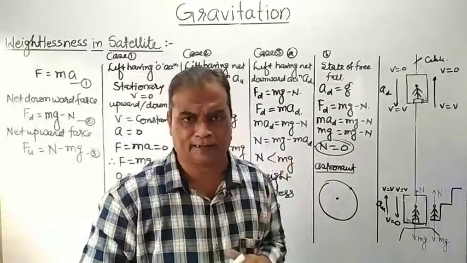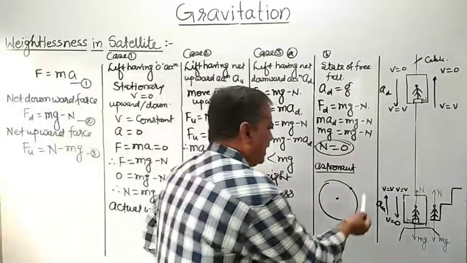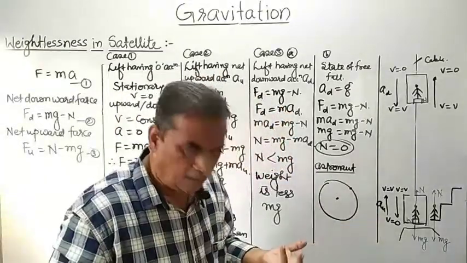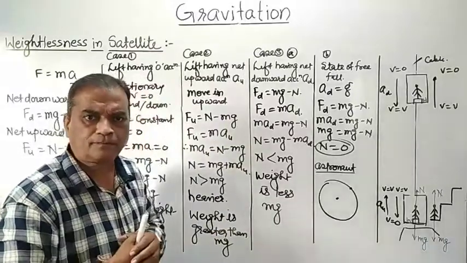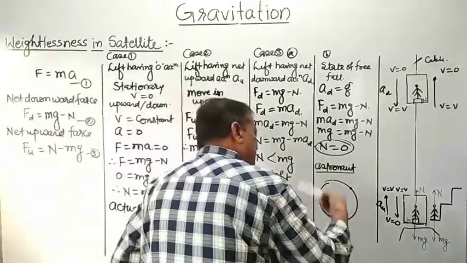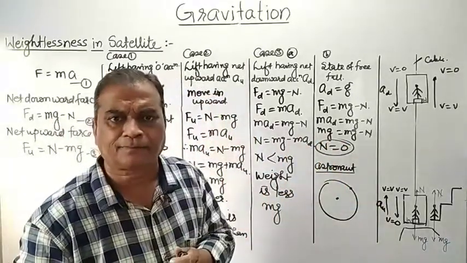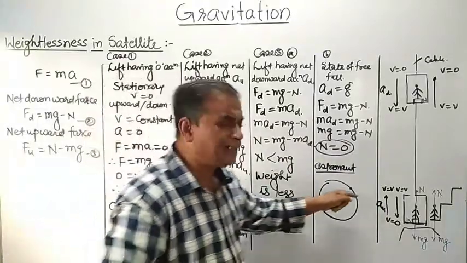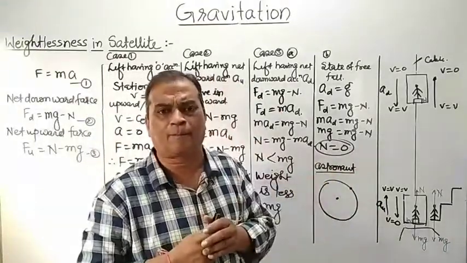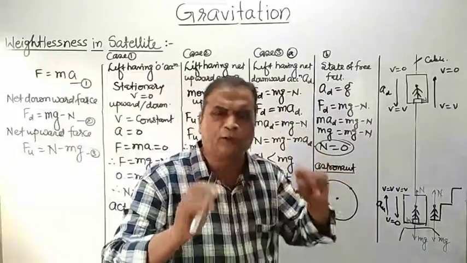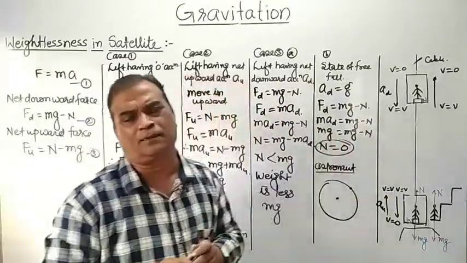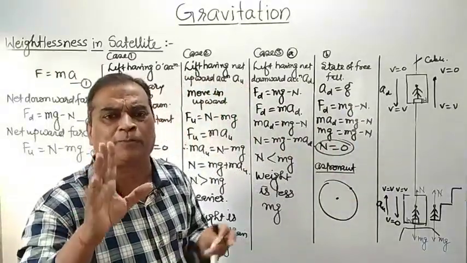So see here, as far as astronauts are concerned, we know that an astronaut in a satellite is performing what? Circular motion. We know that the satellite is revolving around the planet, which means the satellite is performing circular motion. For an object to perform circular motion, that object must be acted upon by what?